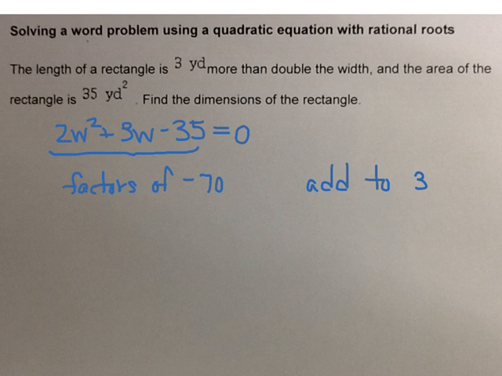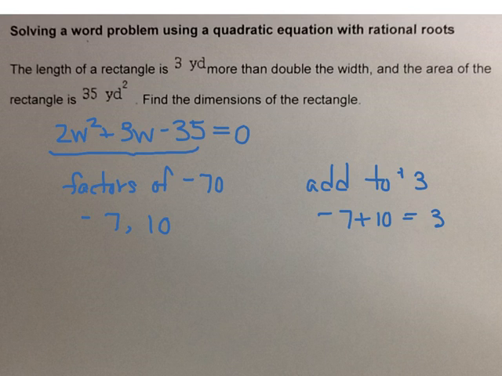And again, since we know it's negative, we know that one factor is positive and one factor is negative. And the larger one needs to be positive because our 3 here is a positive, right? So 7 and 10 are factors of 70, and if I take negative 7 times 10, I get negative 70, and of course negative 7 plus 10 adds up to be 3.